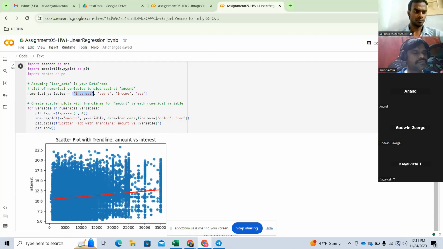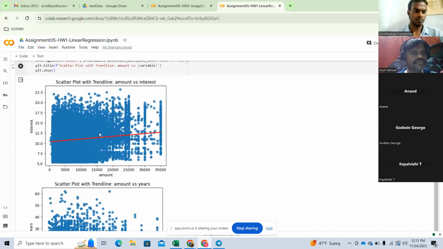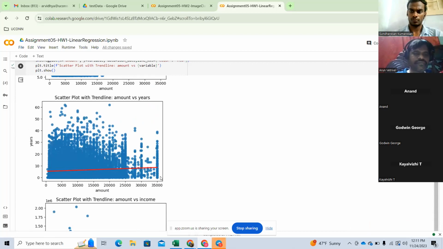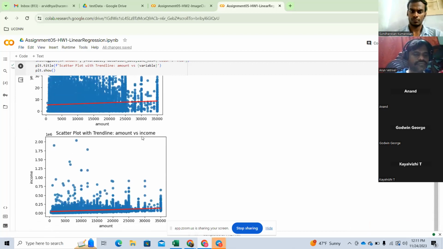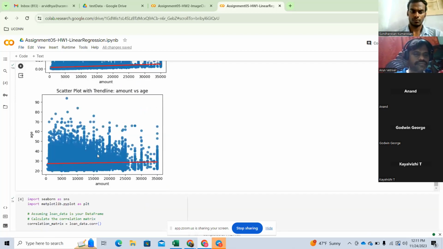It seems that there is not a very positive correlation between them. The trend line is close to a horizontal line, for amount versus interest, amount versus years, amount versus income, and amount versus age.